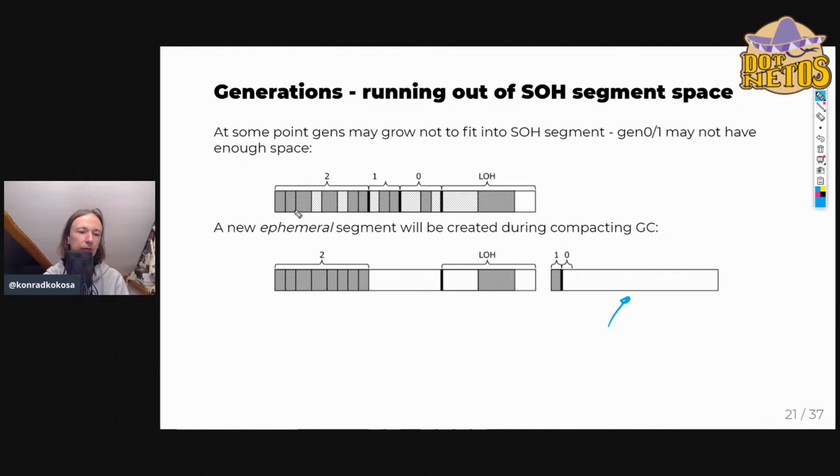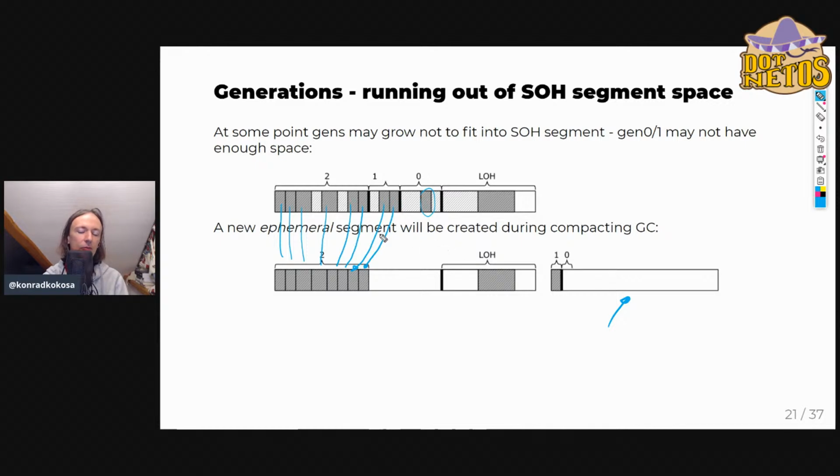We have here some objects that have been promoted to Gen 2. So all those objects stay after compaction in the same segment, and those objects from Gen 1 also have been compacted inside this Gen 2 segment. And what to do with this object, which is Gen 0 and should be promoted to Gen 1?